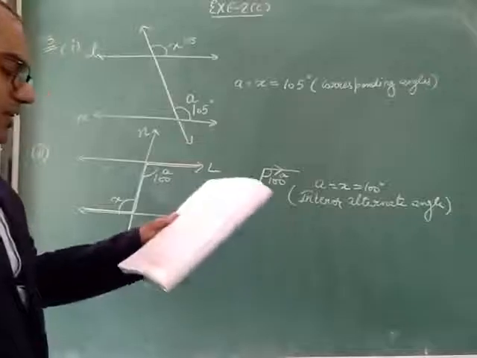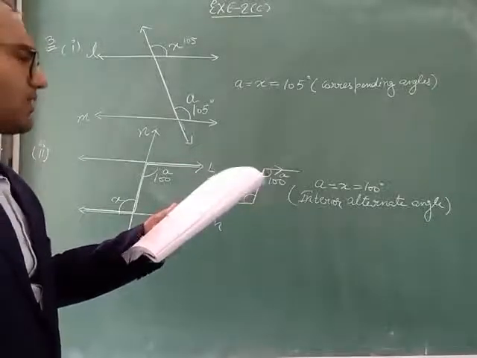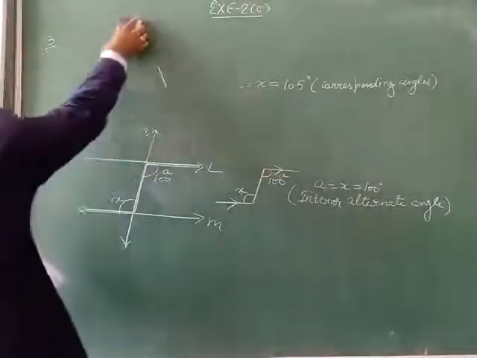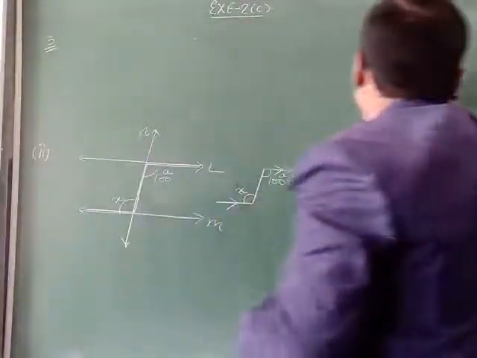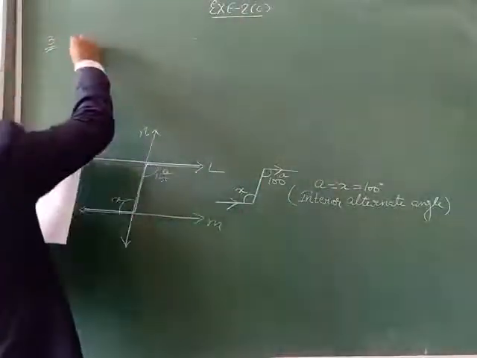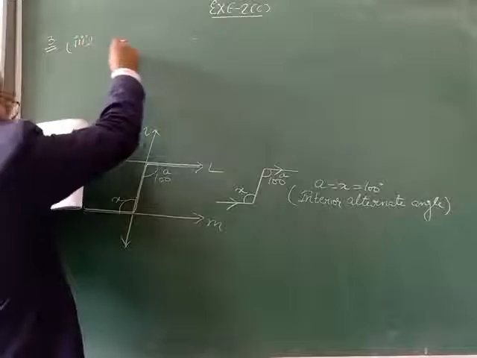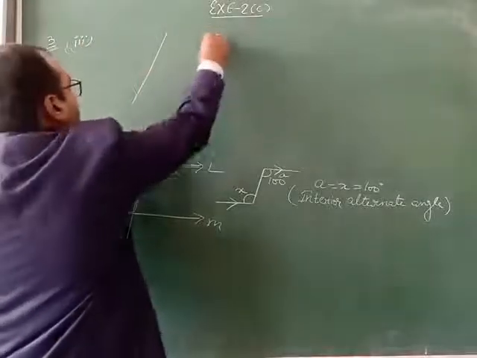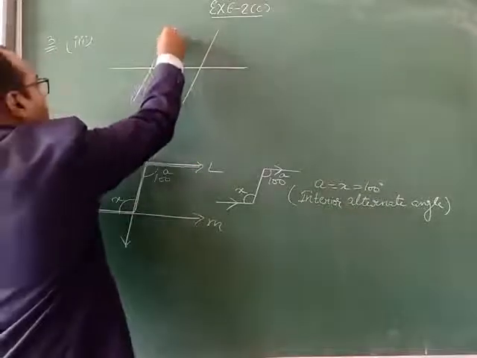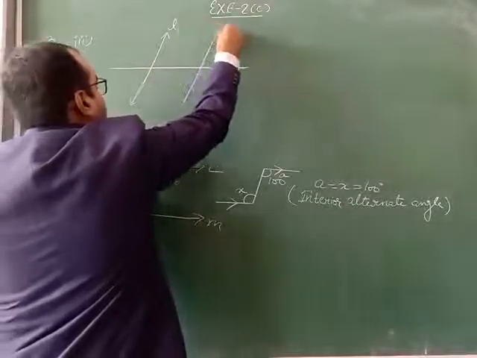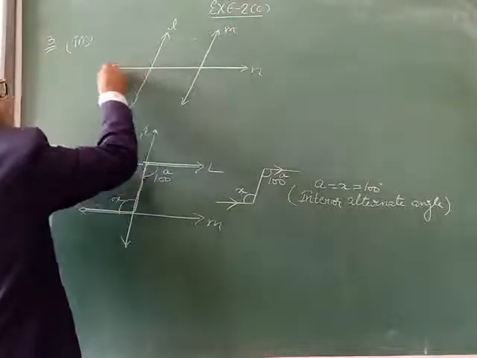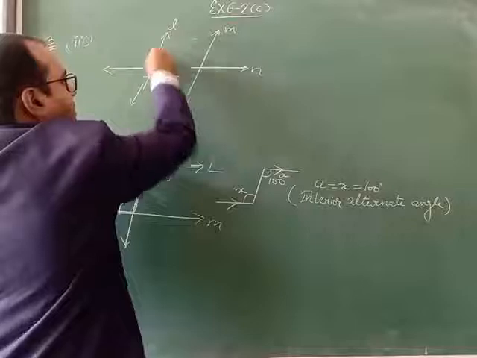Now see part number third. Third part, figure is given. This is the L line, this is the M line, and N is the transversal because this line is cutting these two lines.